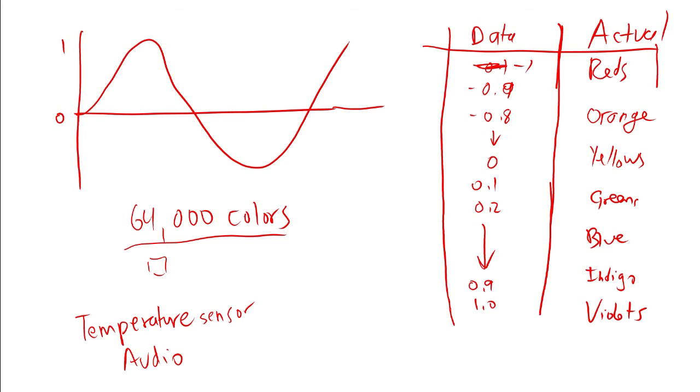So if this was a temperature, this might be negative 270 degrees, and this might be positive 500 degrees, and this would be 0 degrees. So say my measurement was right here, and it was 0.5, I might approximate that to 40 degrees. So the point is, we've got to convert the value of the analog signal to a value that the computer can understand.